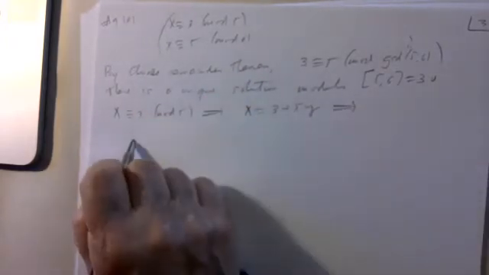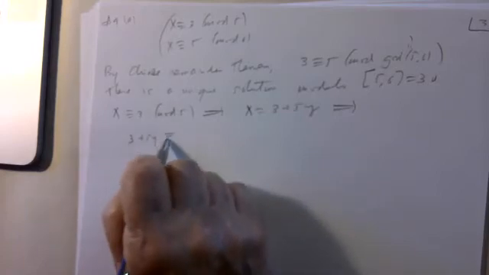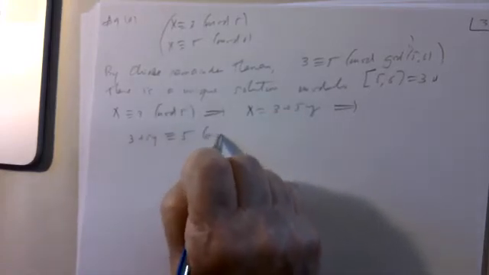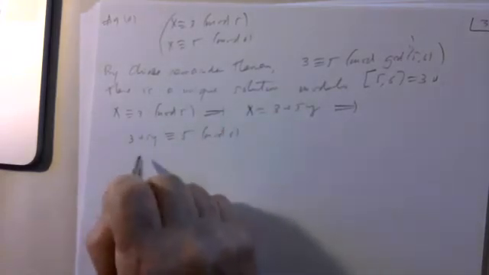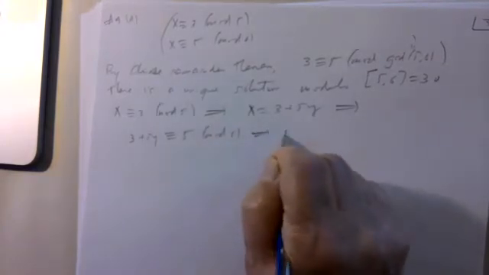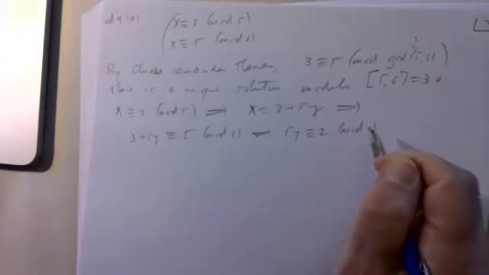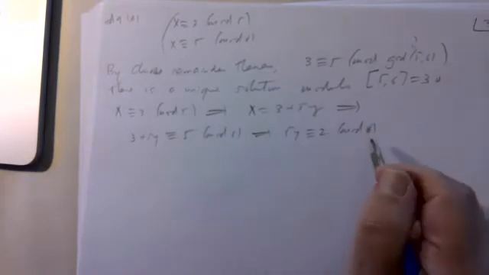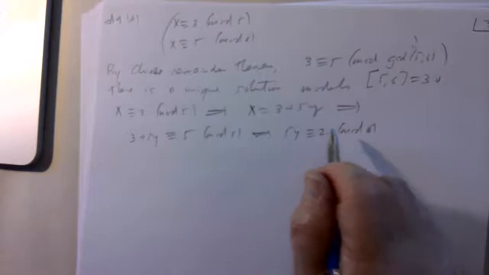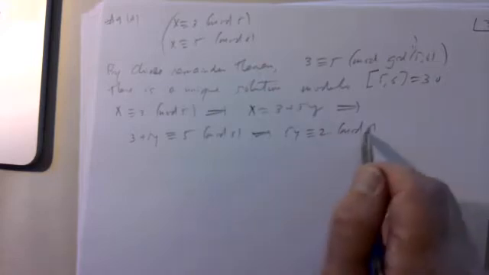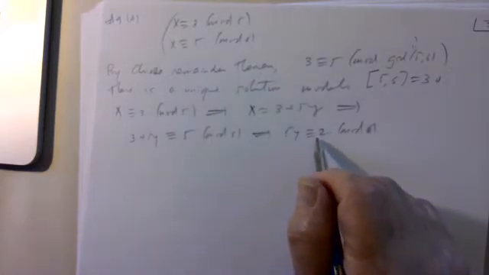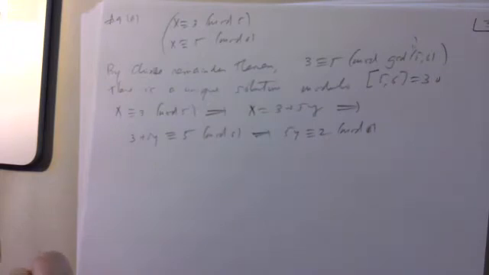And then X congruent to 5 mod 6, this means 3 plus 5y is congruent to 5 mod 6, which means 5y is congruent to 2 mod 6. And we know this has a solution because 2 is divisible by the greatest common divisor of 5 and 6. We know this has a solution. And then we just look for it.